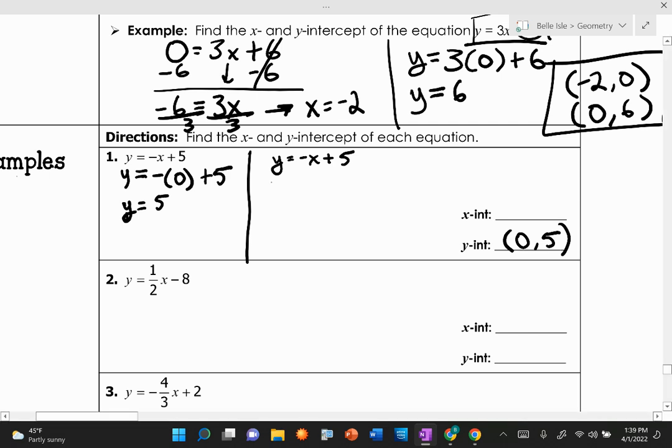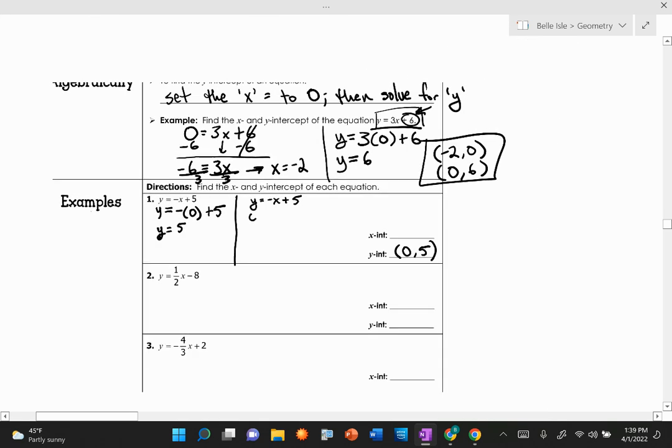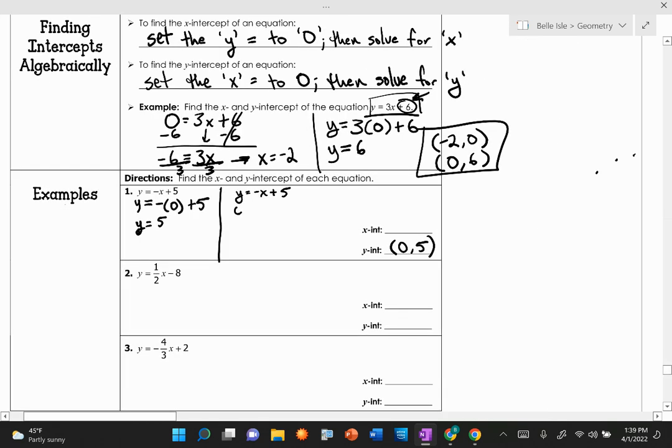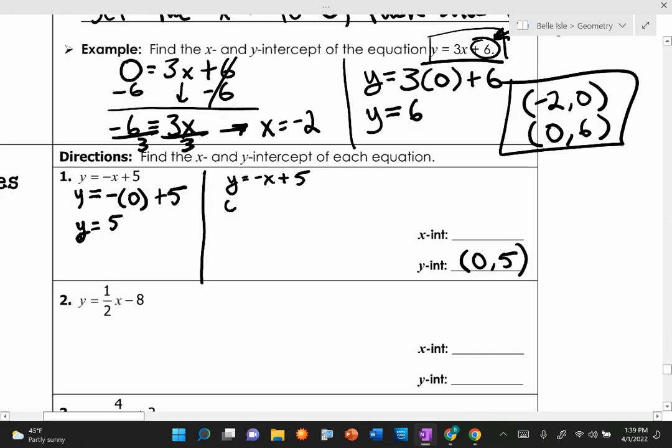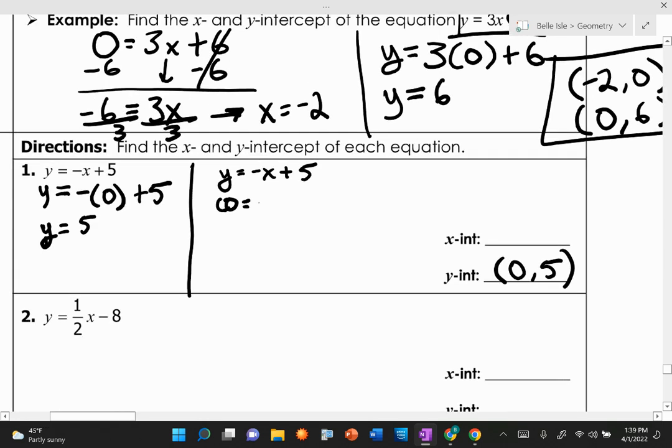Yeah, for y. Okay, so 0 equals -x plus 5.